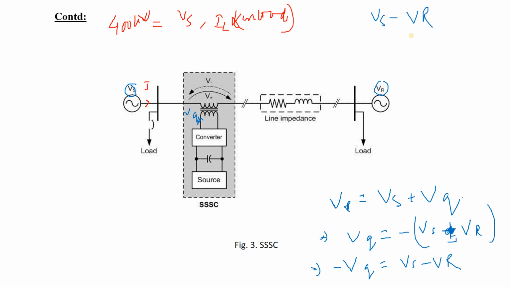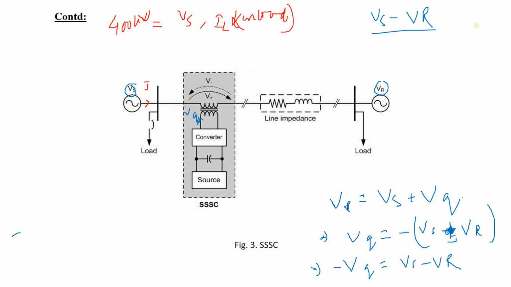Which means that if the difference Vs minus Vr is, suppose, 50 and VQ is 100, then the voltage which is adding up in the system is more.